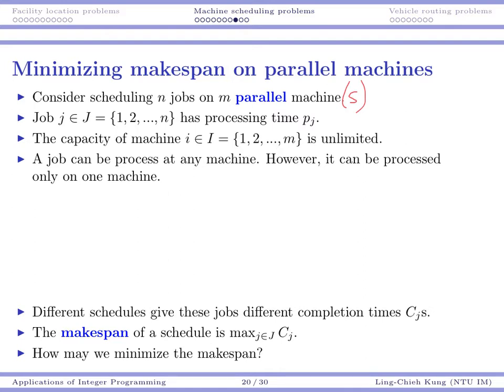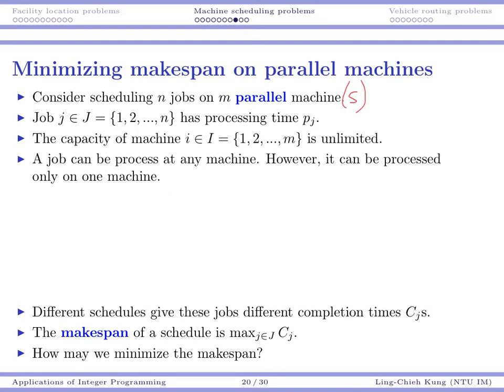One thing that we did not tell you is that when we say that job J has processing time Pj instead of Pij, that means all the machines are identical. It's not that when we put job 1 on machine 1 or machine 2, we get a different processing time.